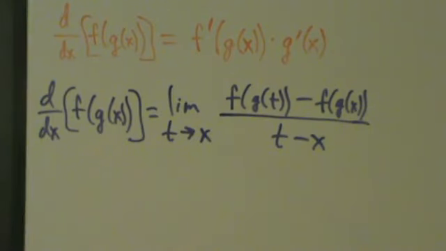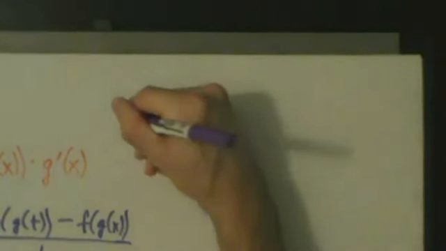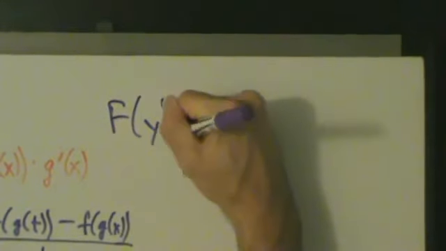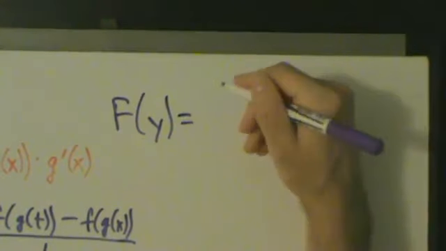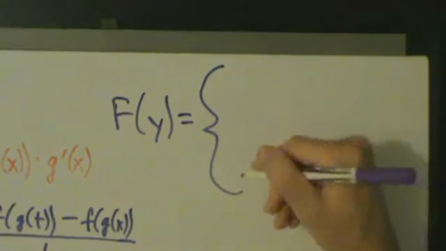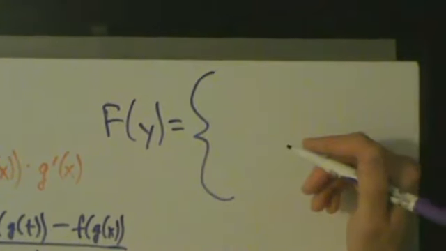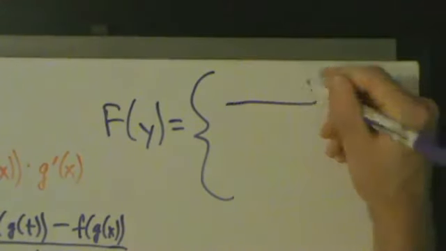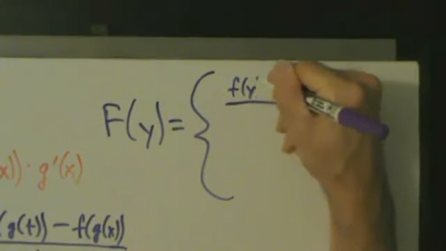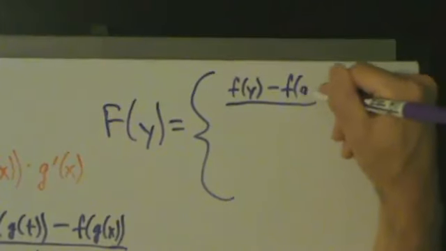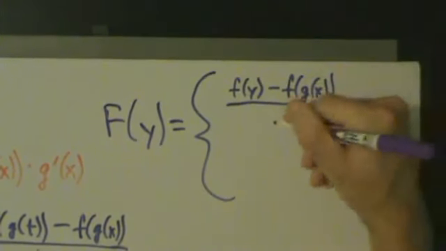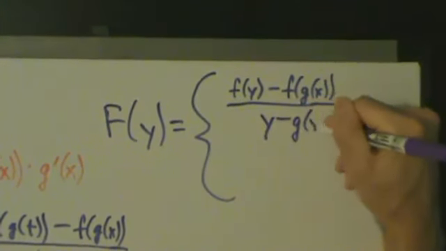So what we want to do next is define a new function, and we're going to call it big F of y. It's going to be a piecewise function, so it has two pieces, and the first piece is going to be little f of y minus little f of g of x, all over y minus g of x.